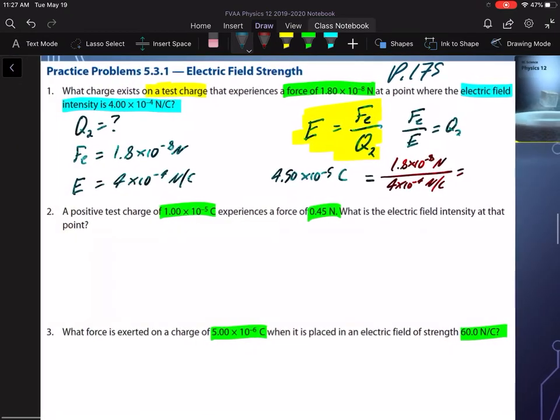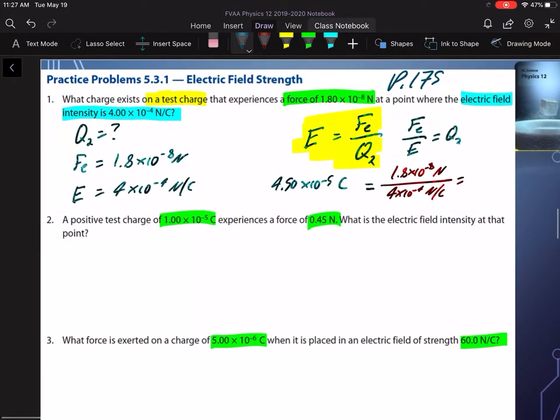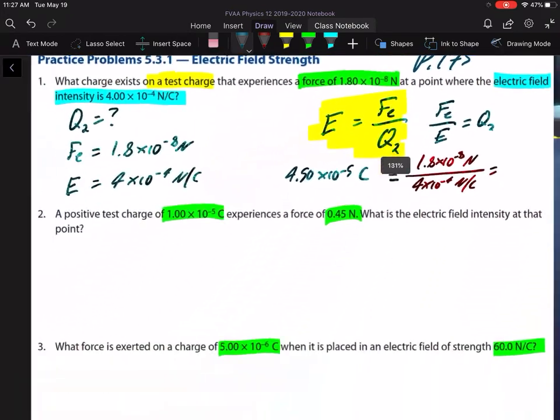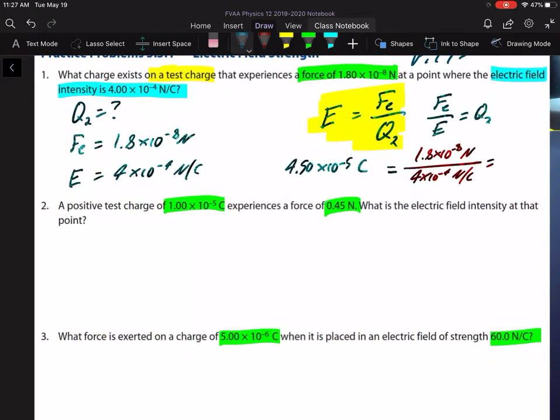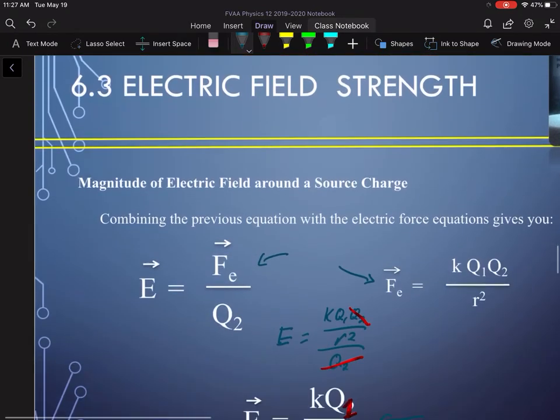The next 2 questions are for you to do for your homework on page 175. They're essentially just giving you 2 of the 3 variables in our equation, and then you have to solve for the 3rd variable. Very straightforward questions.